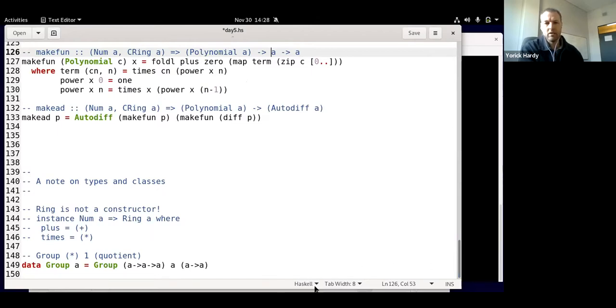And another, I'll just do it for groups. If I want to create a group, another way I could approach it is to say that a group over A is an operation together with an identity and an inverse. So for example, something like this, multiplication with 1. So this would be group over integer or something like that, and quotient.